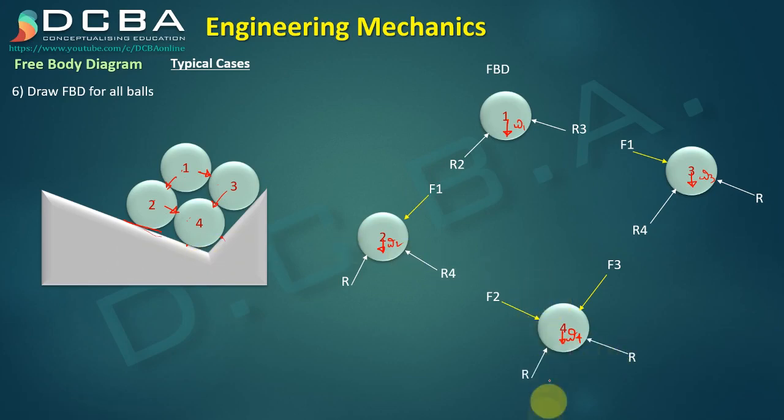So R and R, I mean they could be of different values. I'll say R dash and R double dash, we can say. So these are the two reactions that it is getting from the surface. So this is the FBD of all 4 balls separately.